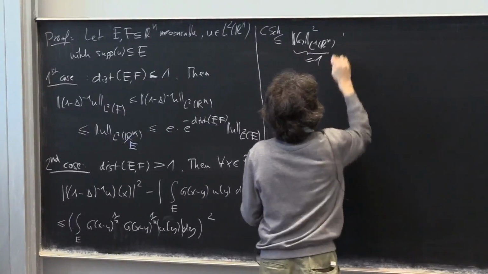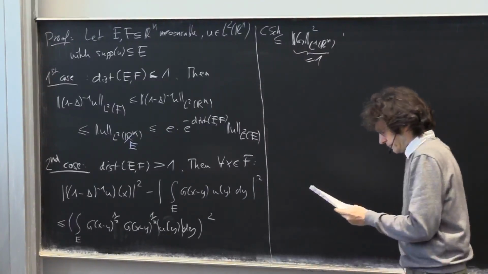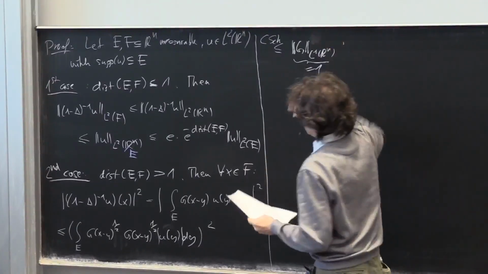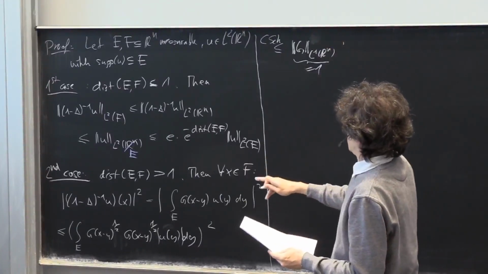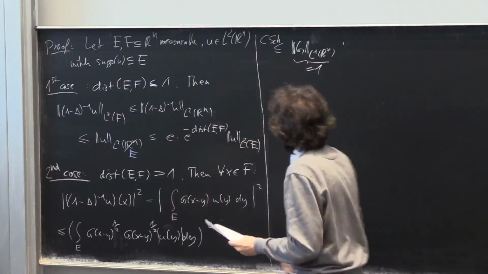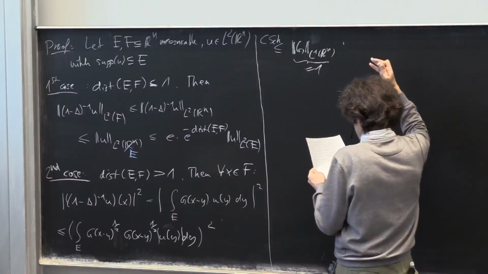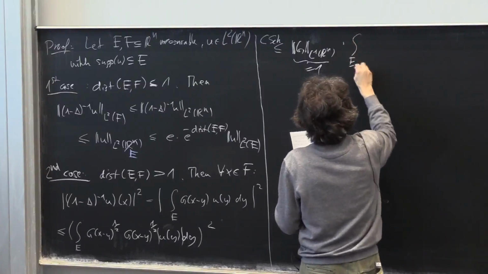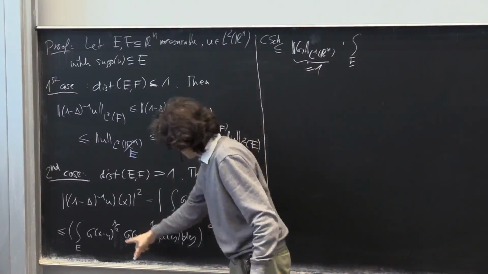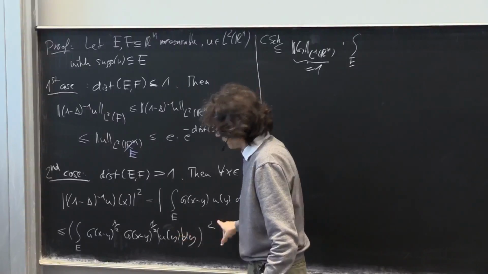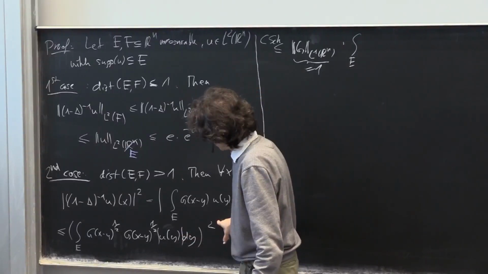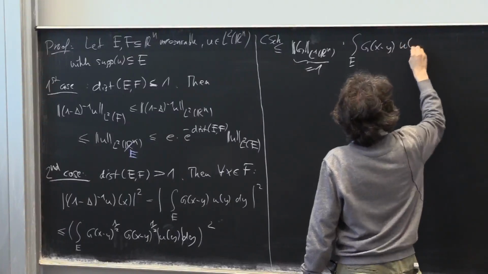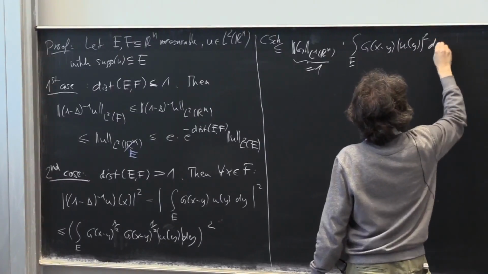No, it's even not squared. It's to the 1/2 and then squared. So this is okay. And then the second part is the integral over E of the square of this one, so it's only g of x minus y, u of y in modulus squared dy.